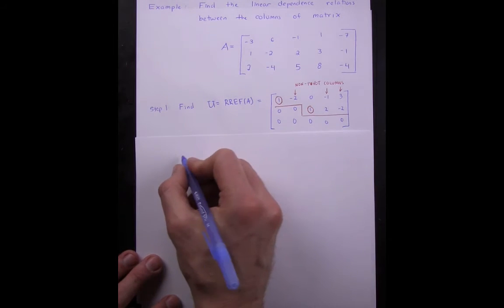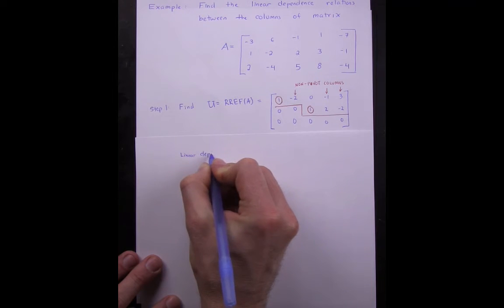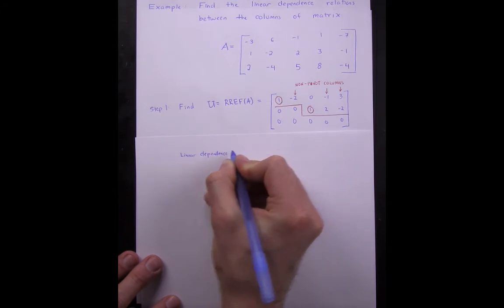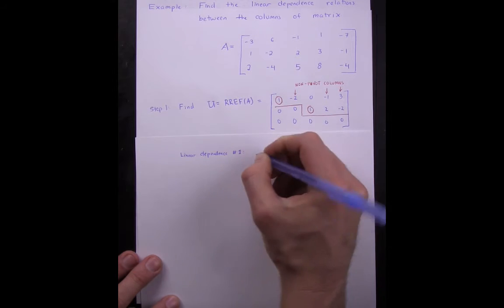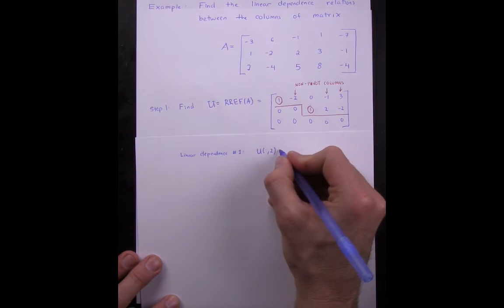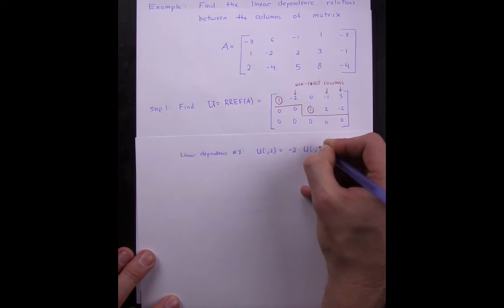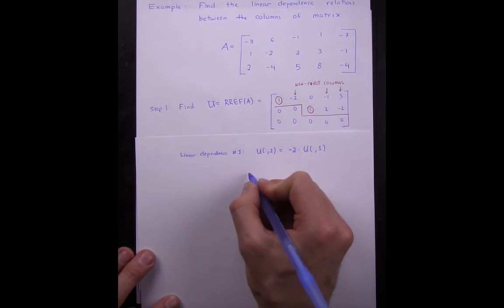We see immediately linear dependence number 1. The second column of U is equal to -2 times the first column. Nothing major going on here.